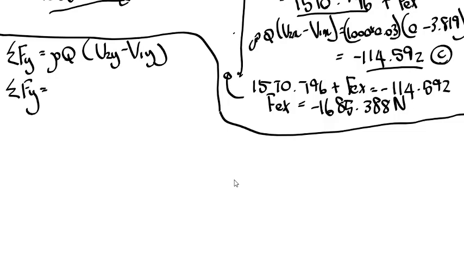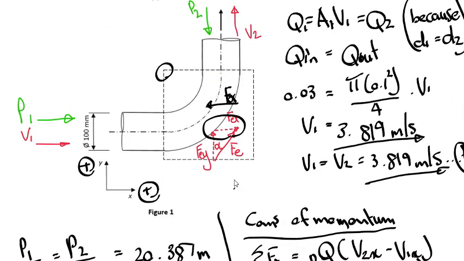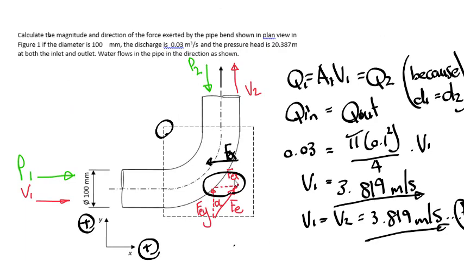Okay, let's calculate the sum of the forces in the y direction. So let's do the left hand side of the equation first. So what will that be? If we have a look at the sketch, what do we have? Do we have any forces in the y direction here? No, we don't.